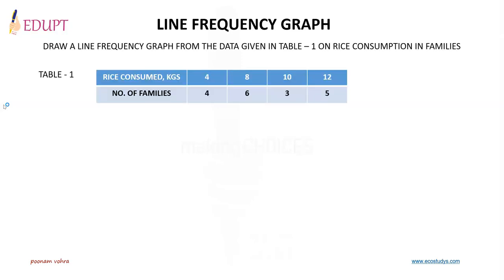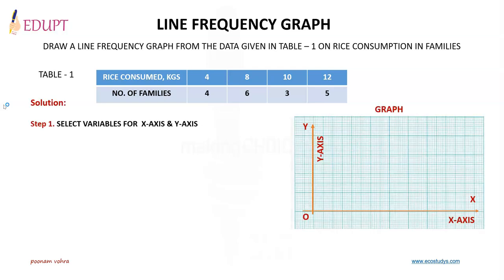Line frequency graph is understood with the help of a numerical example and steps to be followed, to have absolute clarity. Let us begin. Information about rice consumed in kgs by number of families is given, and this information needs to be presented through a line frequency graph.